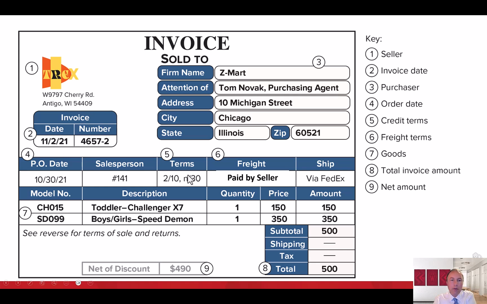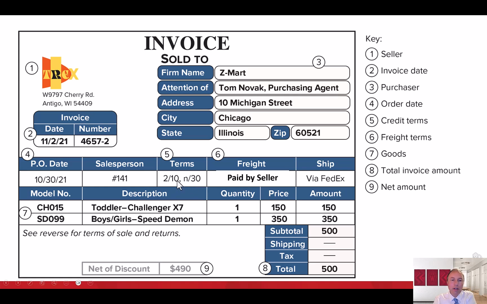But this is what I want to zone in on right here, this number 5, the terms 2/10, n/30. What in the world? Well, listen very carefully here. The n/30 just means that the net amount that Z-Mart owes Trex is due within 30 days. n/30 means, hey, you owe us within 30 days.